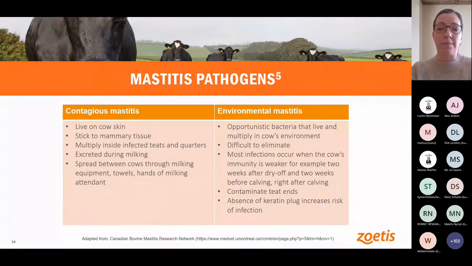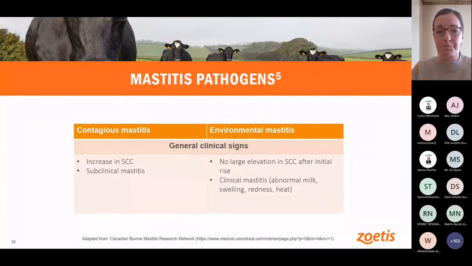Like I said, difficult to eliminate. They often come in when the cow's immunity is a bit weaker, like we said, first and last 2 weeks of the dry-off period, and then right after calving. And here, the absence of that keratin plug actually increases the risk of infection. We'll go into that a bit just now.